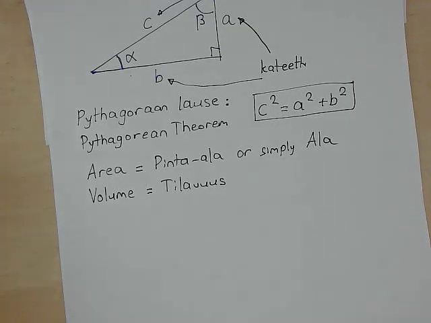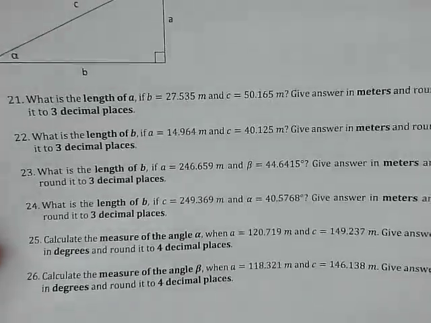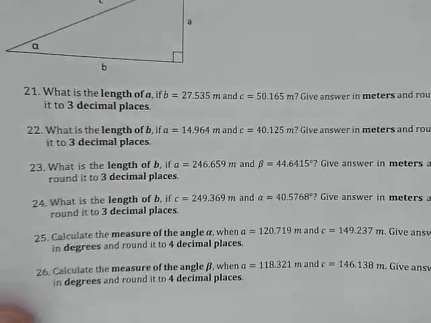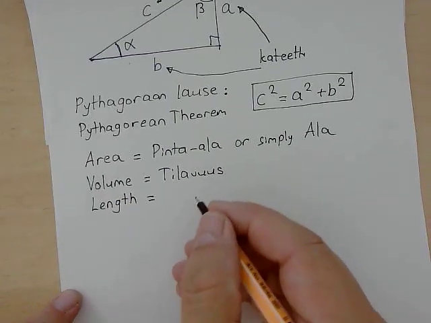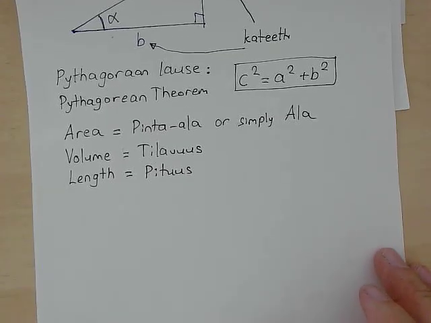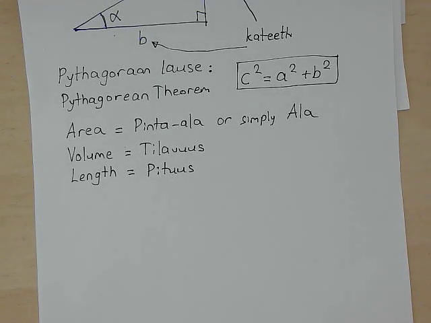Well, then we have got those first two problems here. There are some words in Finnish. I would like to give you length. What is the length of A? Length. Pituus. In Finnish, long is pitkä.